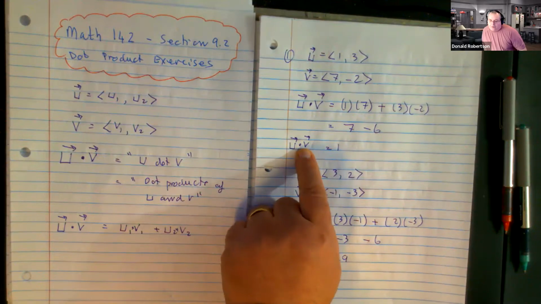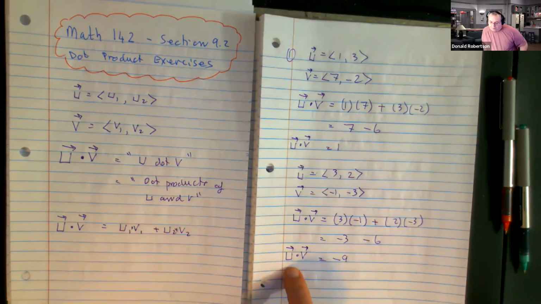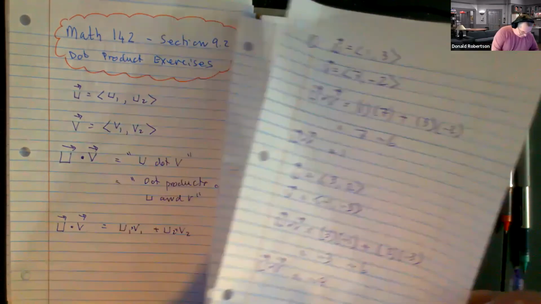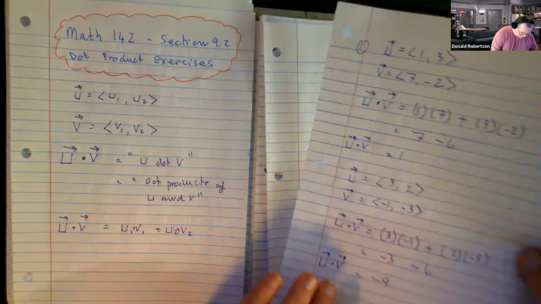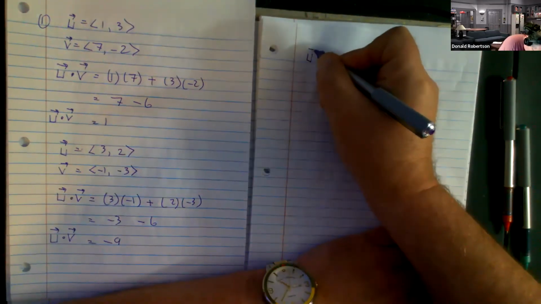So dot products could end up being positive answers, +1. Dot products can be negative numbers. And this is my third one, which is actually of the three the most interesting.